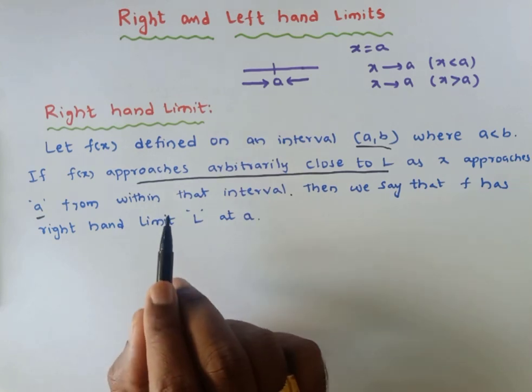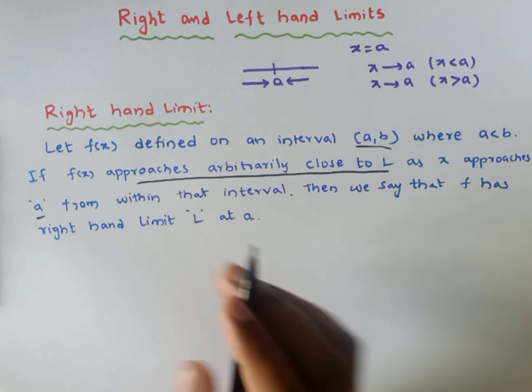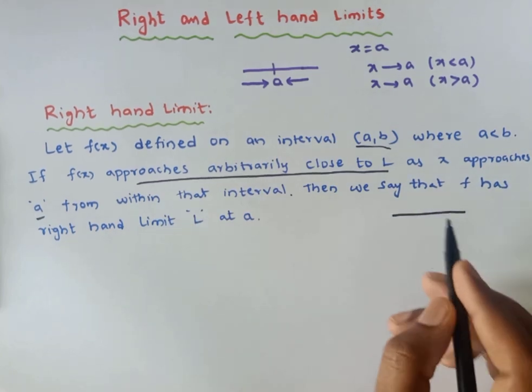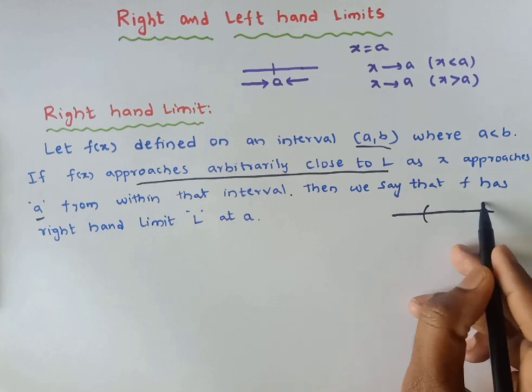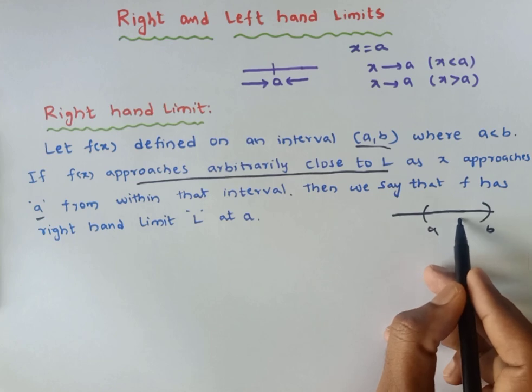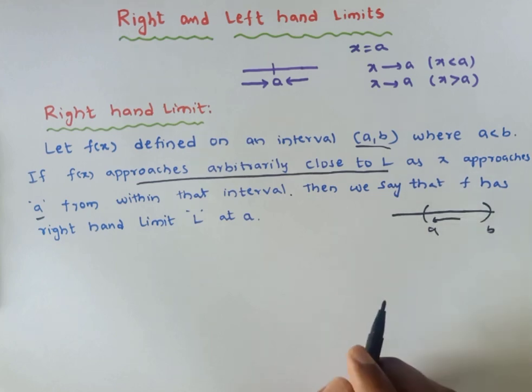Here the value of x approaches a from the right hand side of the interval. This is our interval (a, b), and x approaches a from the right hand side only.